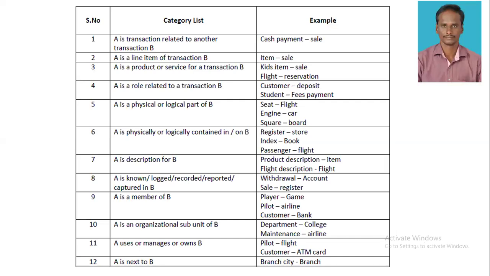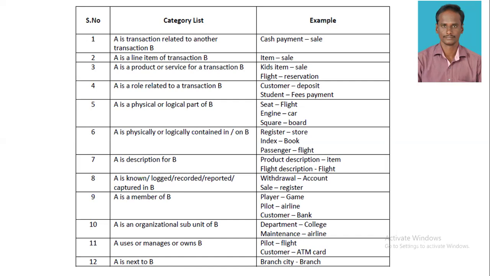And the next one is finding associations with the common associations list. Here they have given some category list and examples also. For example, the first category is A is a transaction related to another transaction B. The example is CashPayment and Sale.